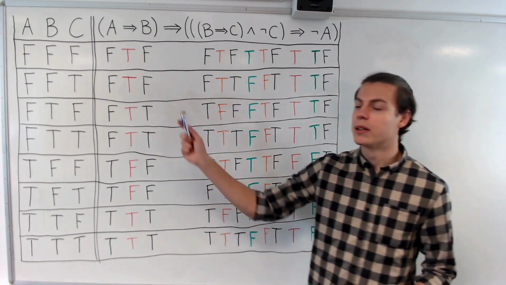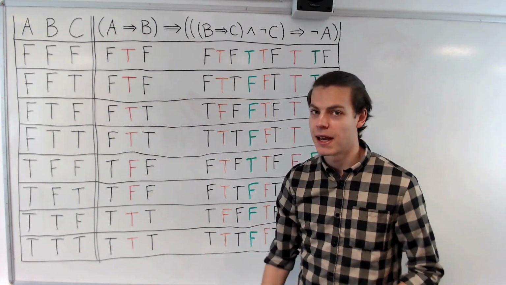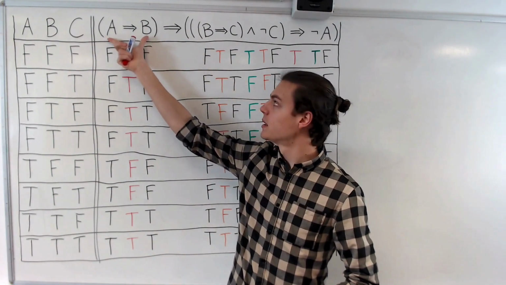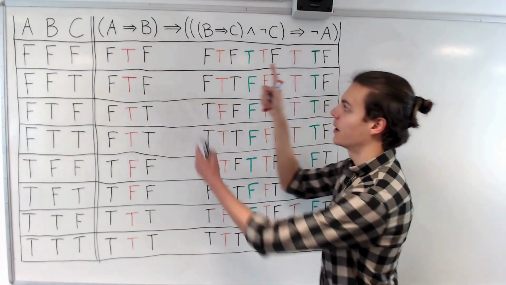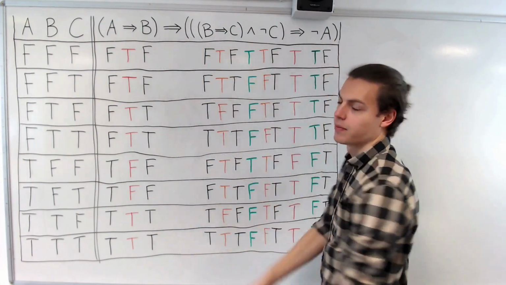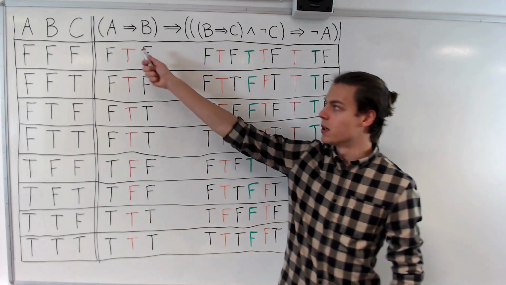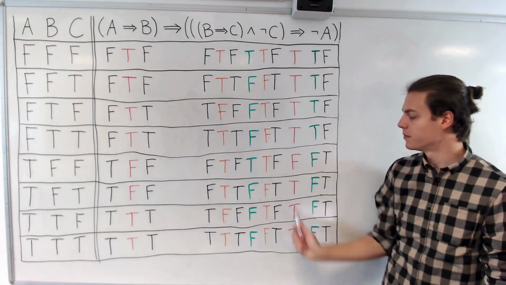Now finally we can turn to our last implication. Here we have this statement implies this statement. So what we're looking at here is the two red columns.